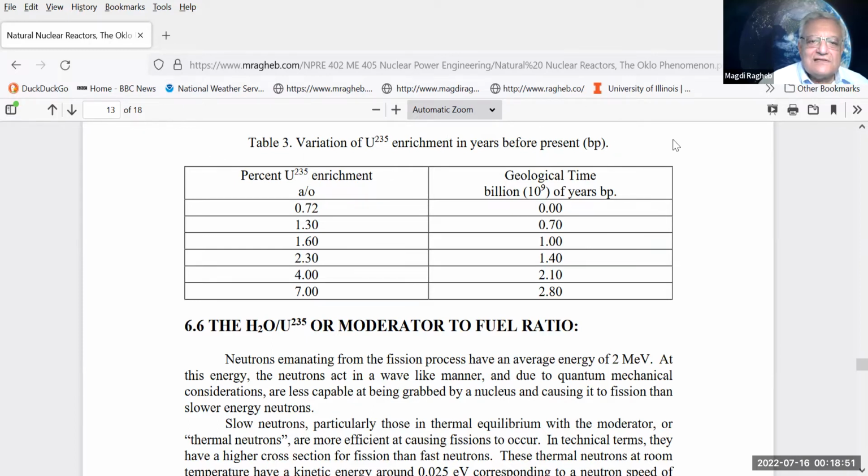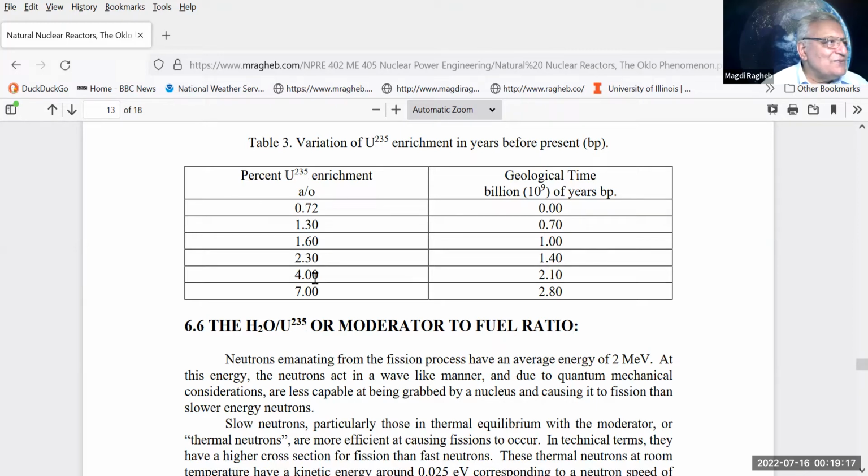It's slightly complicated here. But at present, the enrichment in uranium-235 is 0.72%. Now, let's go into geological time in billions of years in the past. And the Oklo phenomenon, as far as we know, happened 2.1 billion years in the past. So I find that the enrichment of uranium at that time was 4%.